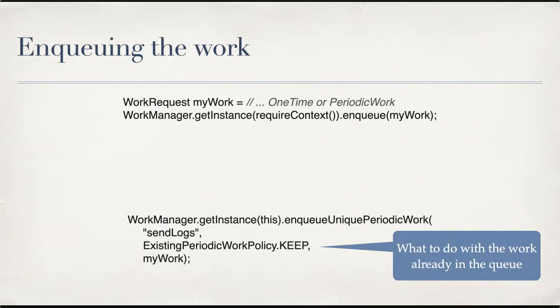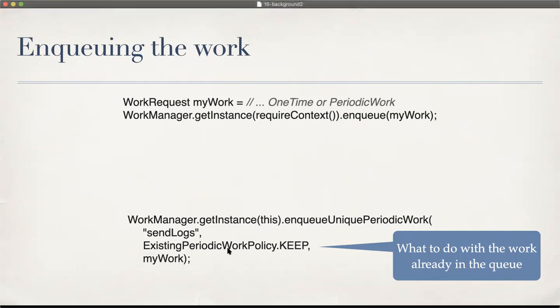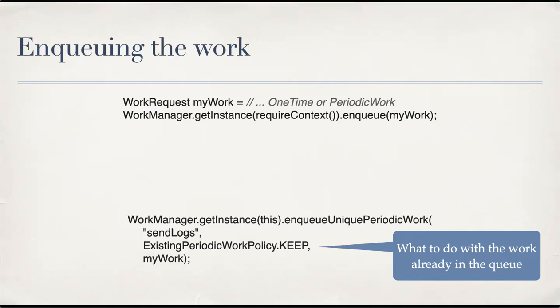The third one is append, which means don't cancel either, but chain the next one, this one, to the existing one. It makes the new instance of my work dependent on the previous one, and we'll talk about chained and dependent tasks in a bit. But basically what it means is, if the existing instance of my work fails or is canceled, then the new instance will not run either. So they are that way tied to each other.